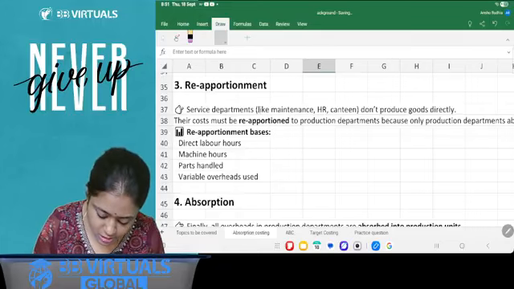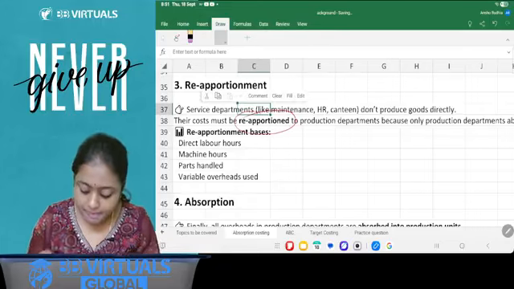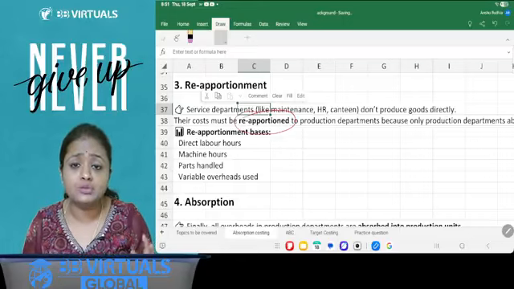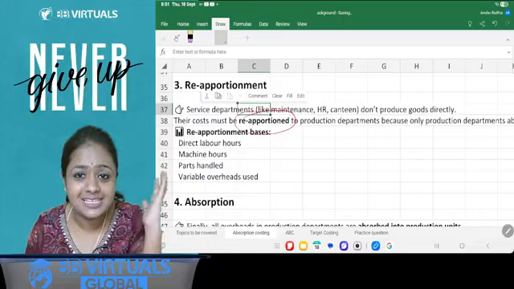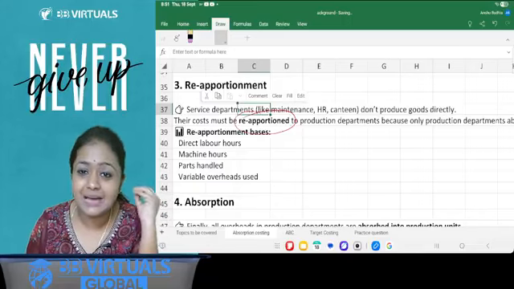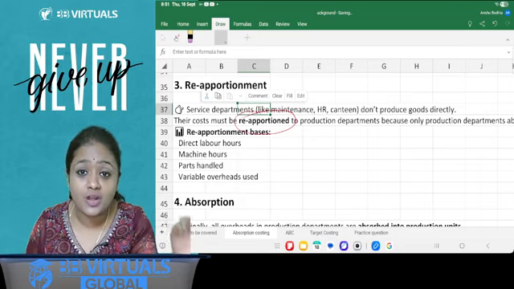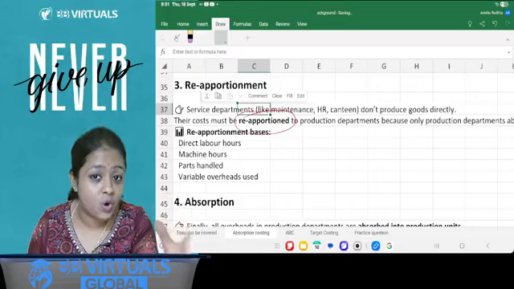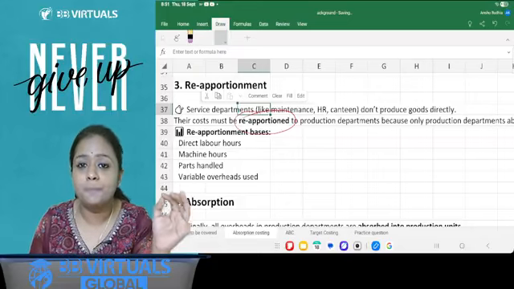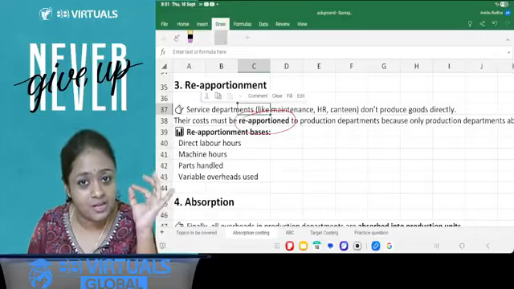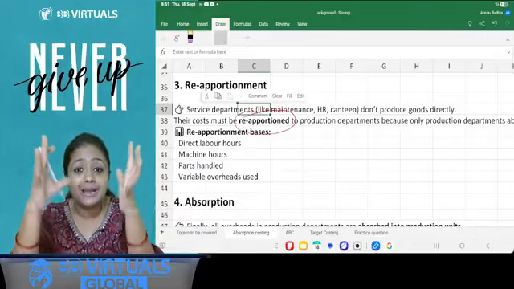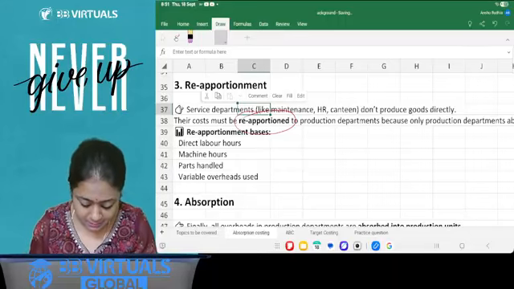So these costs must be reapportioned back to the production department, because I'm sure now you all know, it's only the production department overheads that would be absorbed by the product cost. So hence we need to bring down everything to the production department.